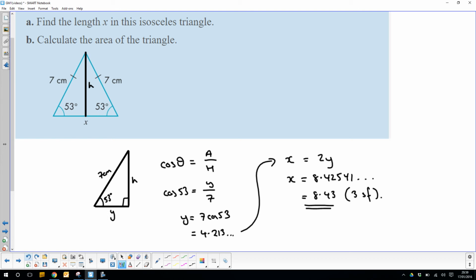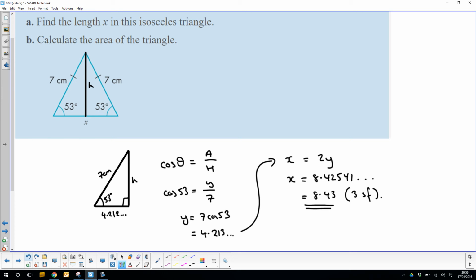Well, we've got different options, haven't we? Bearing in mind we've now calculated y, that is 8.4, that's a lie, that's not 8.43, is it? That would be longer than the hypotenuse. It's the first answer of 4.212 and so forth. So I've got two options.